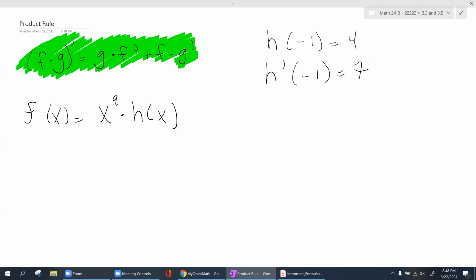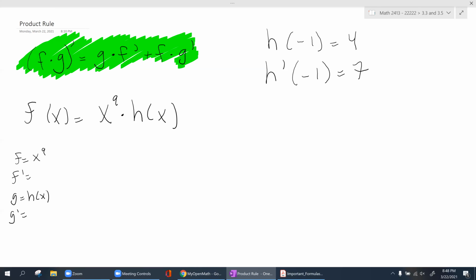So I'm going to follow these rules up here. My f is just the first one, so that's x to the 9th. My g is just that h, the other one, so I'm going to leave that right there. I'm going to derive each one and take it step by step.